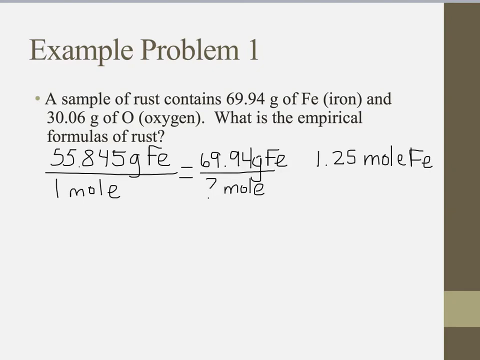I'm going to do the same thing with the mass of oxygen. Starting with oxygen's molar mass, there are 15.999 grams of oxygen in every 1 mole of oxygen. But we don't have 15.999 grams of oxygen.